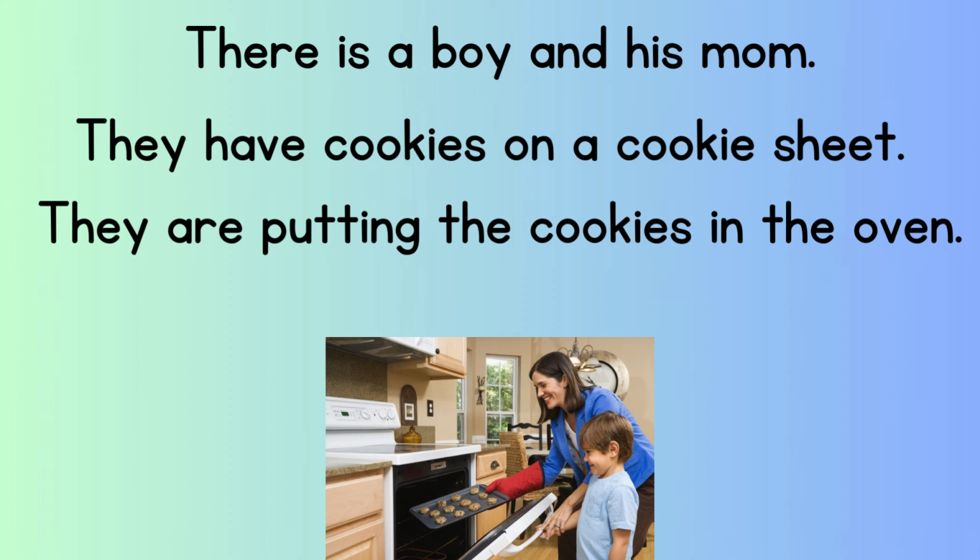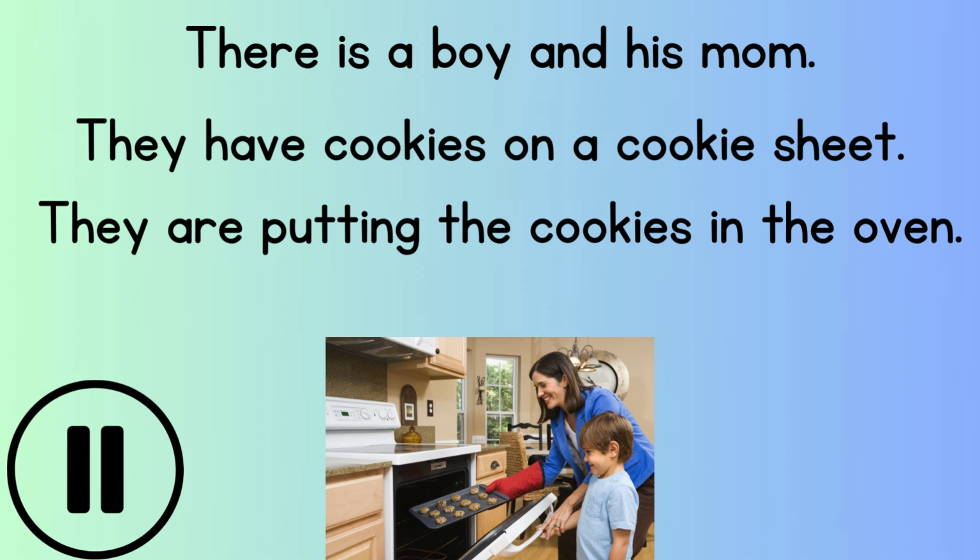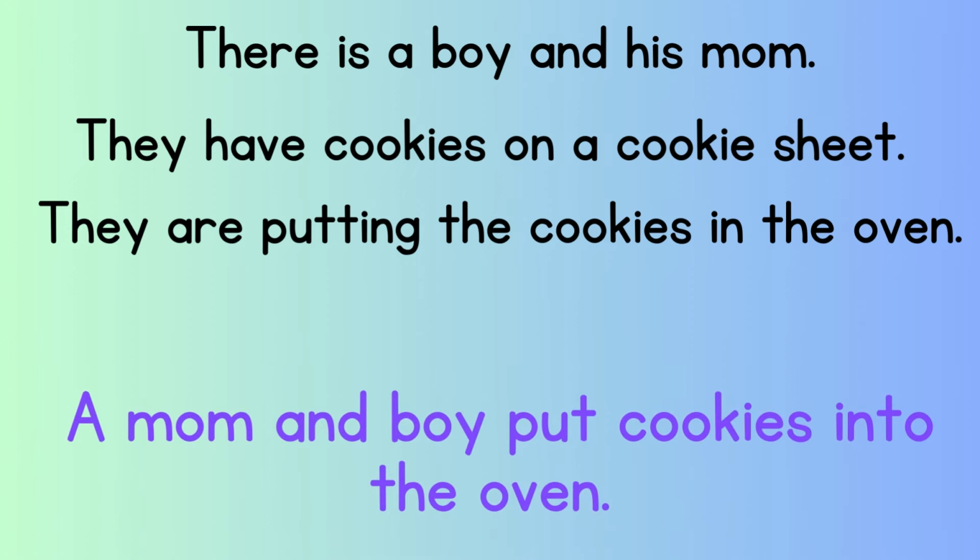Now let's take those details or smaller pieces of the picture and put them together to say the main idea. Maybe you said a mom and a boy put cookies into the oven. It's okay if your main idea isn't exactly the same, but hopefully they're similar.